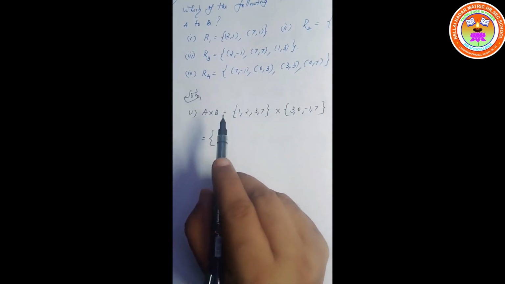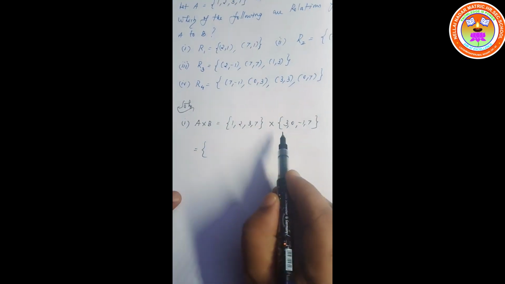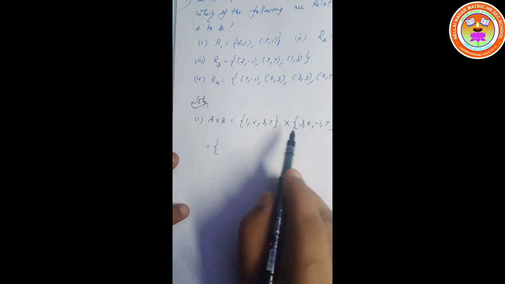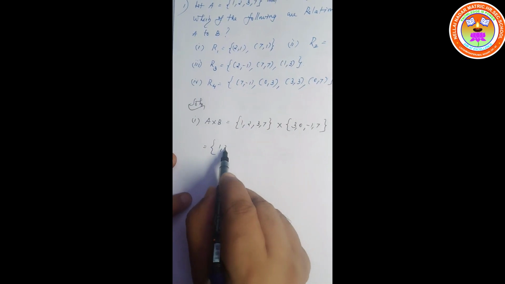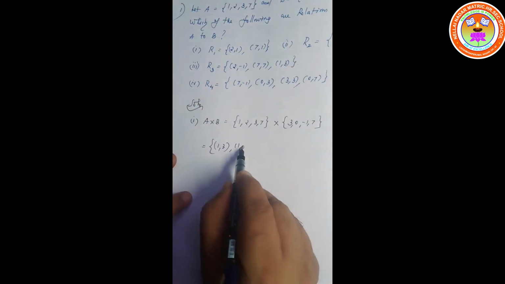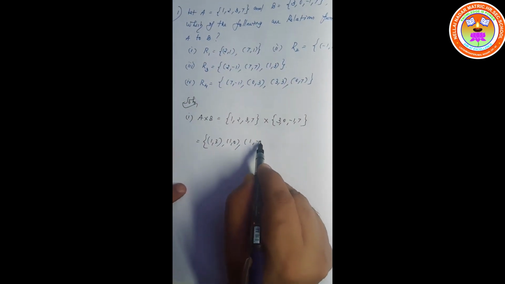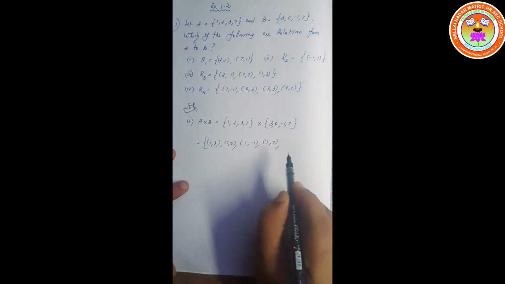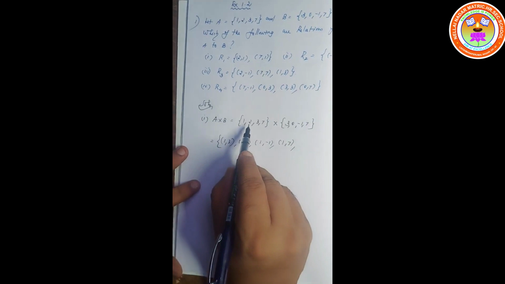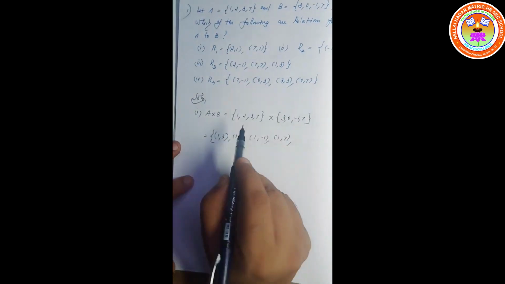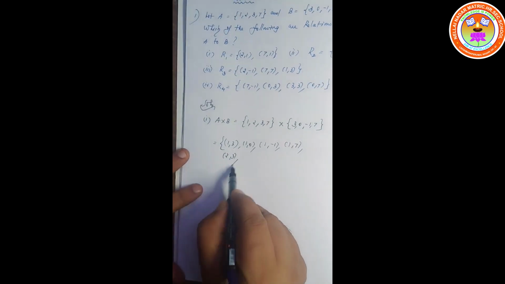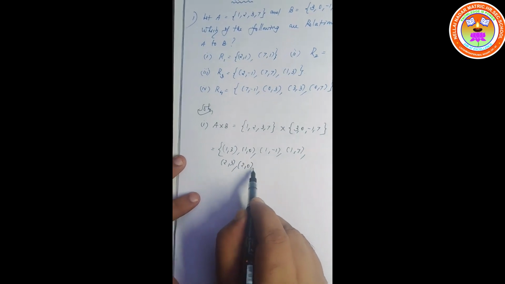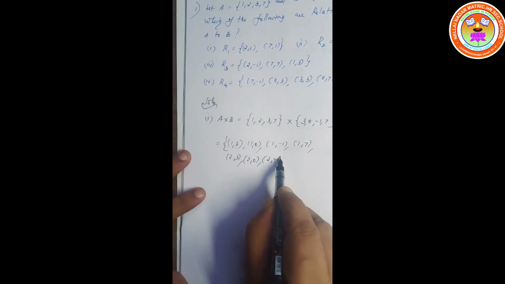Two sets. (1, 3), (1, 0), (1, -1), (1, 7). Do you remember? Next, (2, 3), (2, 0), (2, -1), (2, 7).